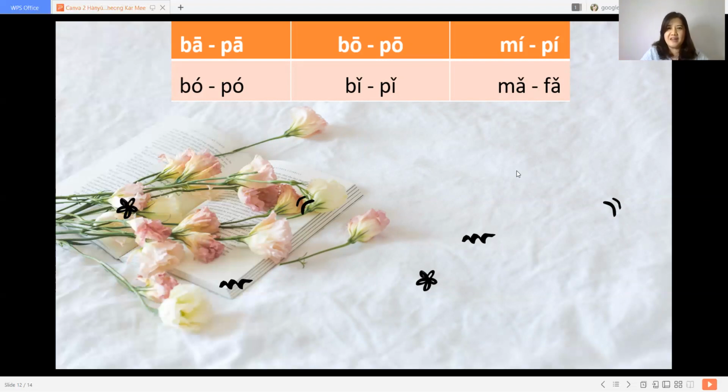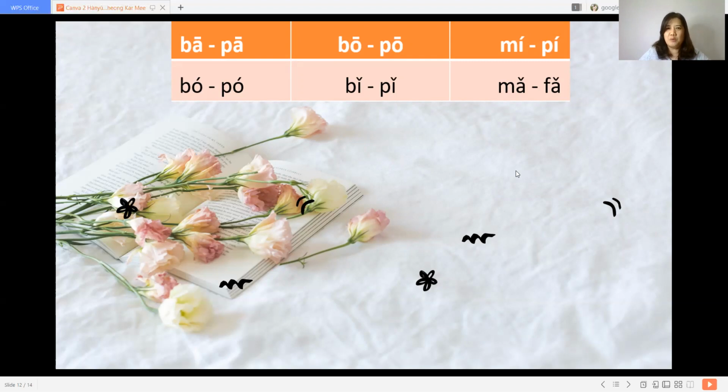Po. Same thing happens to PO. Make sure the strong air, the wind, comes out from the mouth. Po. Yes, it's correct. So MI second tone will be mi. How about PI? Pi. Yes. So now we are in the second line.